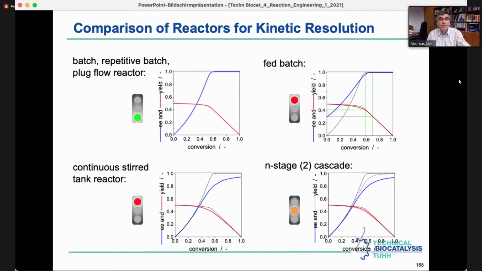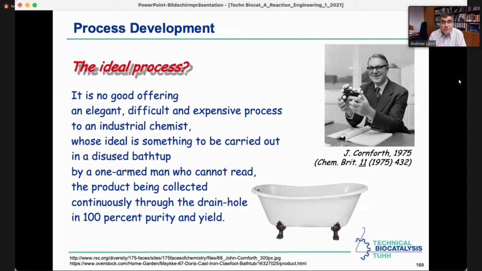With this, we're at the end of this part of the biochemical reaction engineering. And I just want to cite a word said by John Cornforth. He's a Nobel Prize winner in chemistry from 1975.